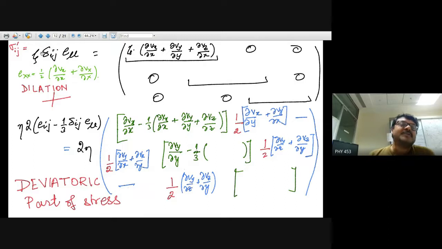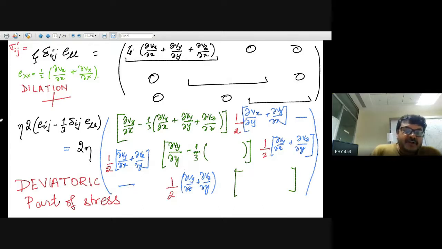But of course, here we are looking only at the dilatation term, and sigma dash would be the sum of the contributions from the dilation terms and the deviatoric part of the stress tensor. So this would be the dilation part of the stress tensor. Just to tell you, I have checked that this is at times called dilation and also called dilatation. They mean the same thing, and both words are used.